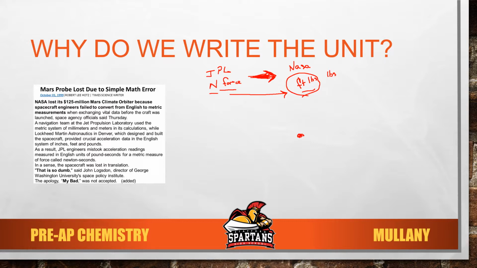Here's Mars, the red planet, and this NASA orbiter was supposed to be a weather satellite orbiting Mars, and it crashed into Mars. $125 million wasted, all because the units weren't canceled.